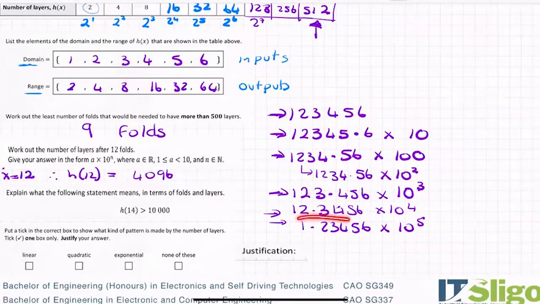Sometimes we write them like this, and then we'd round this. It's just sometimes easier to say 1.2 by 10 to the 5 than it is to say 123,456. So scientific notation can be used to make big numbers easier to say, or small numbers easier to say. Okay, so that's scientific notation.